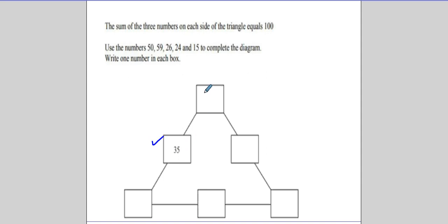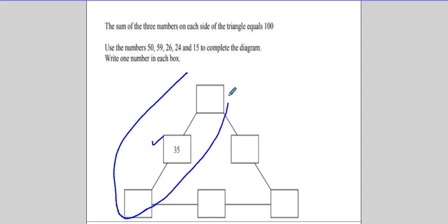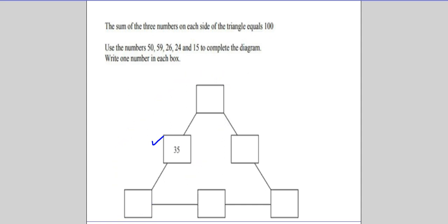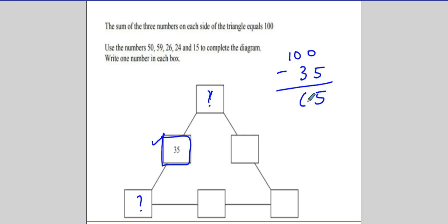Now, the sum of these three numbers should equal 100. But this number is already given, 35. So we have to find the other two numbers to be put here. Take 100, take away 35. What do you get? You get 65.